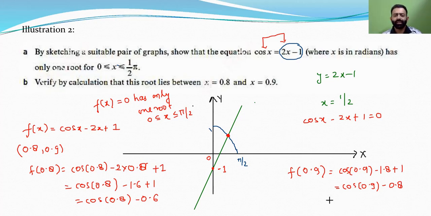Let us consider that the first value is positive, then obviously the second value should come out to be the opposite of this. So if cos of 0.8 minus 0.6 is positive, then cos of 0.9 minus 0.8 has to be negative, or vice versa, right? This will definitely come out like this. I do not have the calculator now to find the exact value of cos 0.8, but that will definitely be the case.